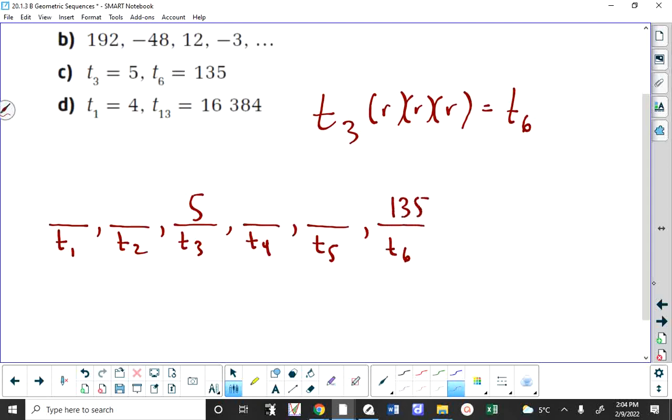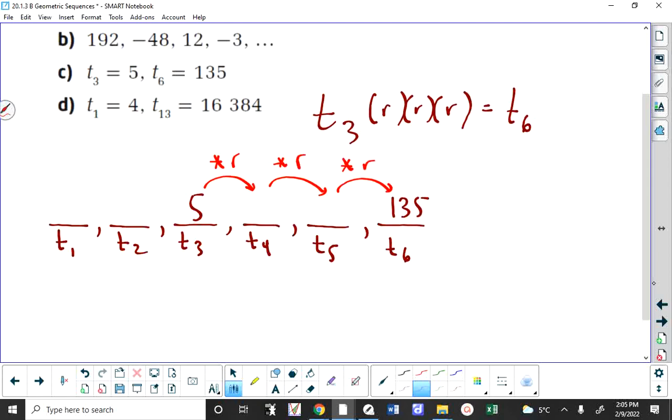So this goes back to what I just said about multiplying before we even got to this question. You multiply by the common ratio each time you move from one term to the next. So looking at this means I'm going to multiply by r, I'm going to multiply by r, and I'm going to multiply by r.